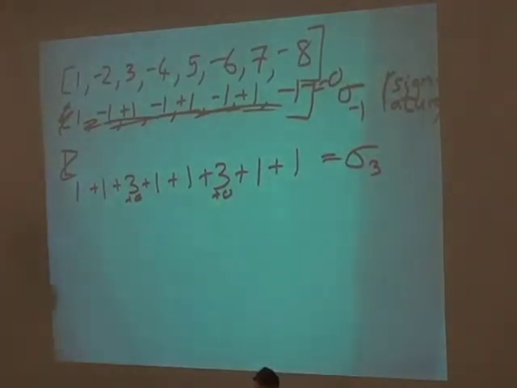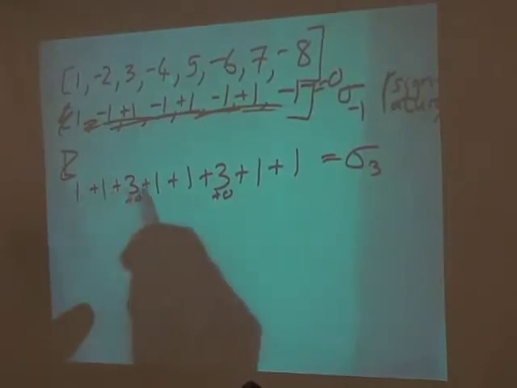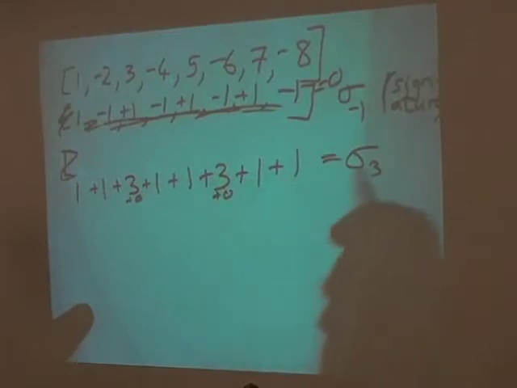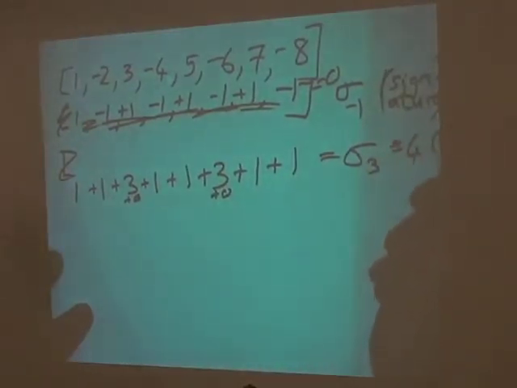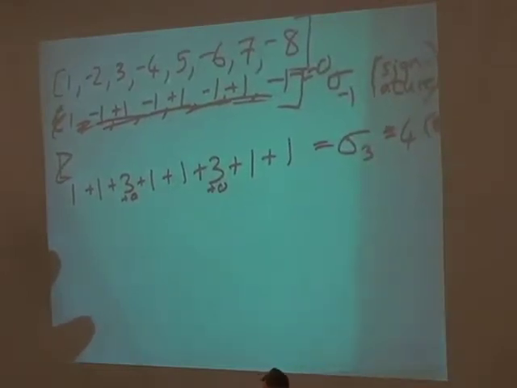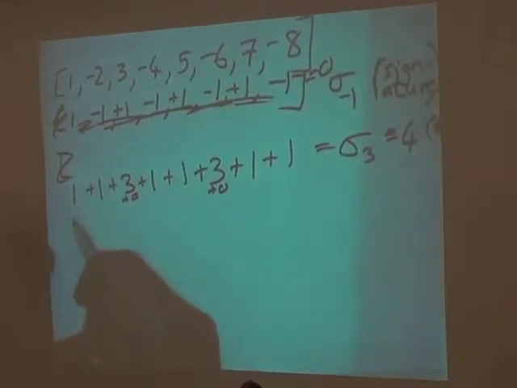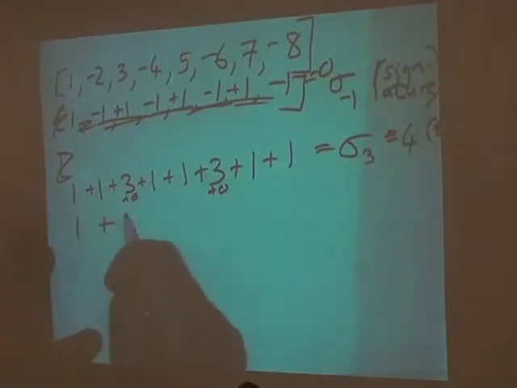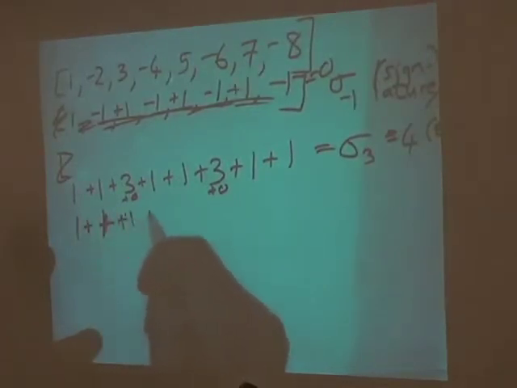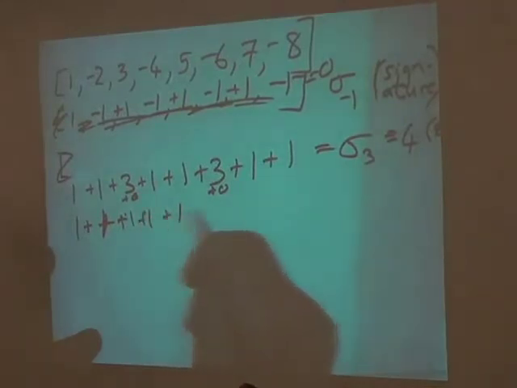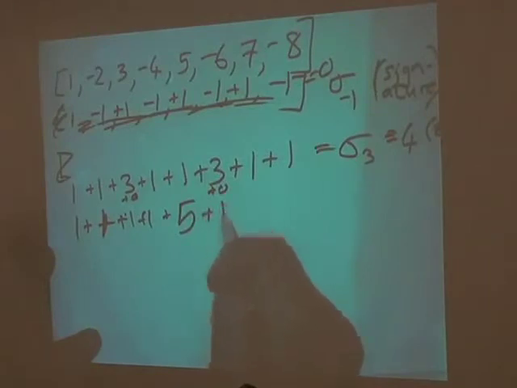So the signature here is 1, 1, 3, that's 5, 6, 7, 10, 11, 12. It's congruent to 4 modulo 8. It's only defined modulo 8. And then the 5 signature, I'm sorry, this is 1, 1, 1. Excuse me for the hasty writing.